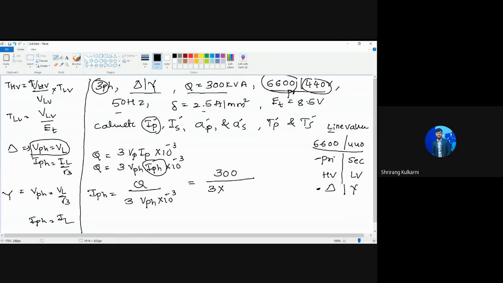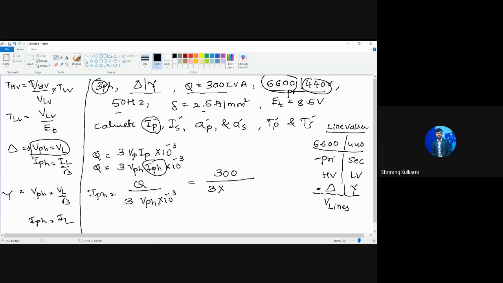Remember this: in the problem, whatever data they give are line values, the VL values. Maybe primary or secondary, but these two are line values.